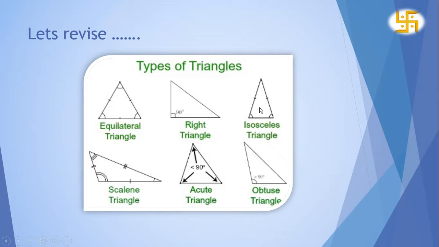In this, two sides are equal, so it is an isosceles triangle. Here, all three sides are of different length, so it is a scalene triangle. Here, all three angles of the triangle are less than 90 degrees, so it is an acute angle triangle. Here, one angle is greater than 90 degrees, so it is an obtuse angle triangle.